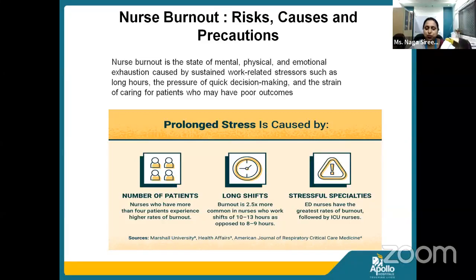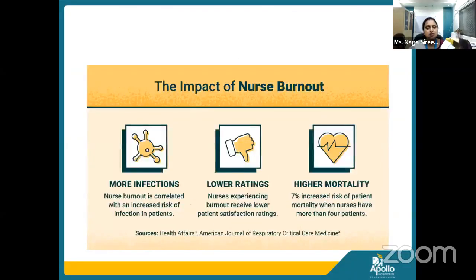So when nurses do a 12-hour shift, we need to ensure they are relieved on time. Stressful specialties, as you all know, especially emergency, ICUs, and cath lab, are very vital and stressful because the turnover is very fast. Especially in emergency, you receive the patient, stabilize, and again you shift. This also causes some kind of stress on the nurses.